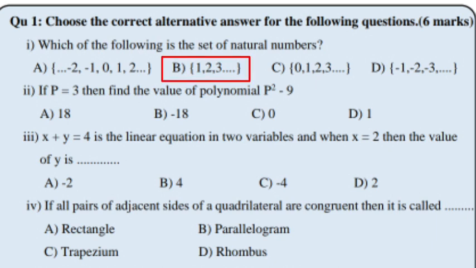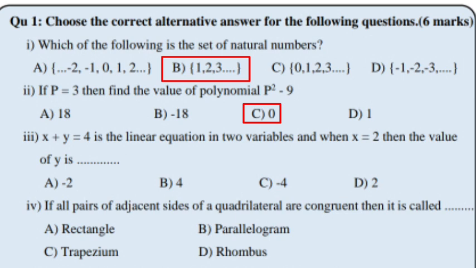So the correct answer of this question is B, 1, 2, 3 and infinite. Second question, if P is equal to 3, then find the value of polynomial P square minus 9. Here P is equal to 3, hence P square is equal to 9 and 9 minus 9 is equal to 0. So the answer is C, 0.